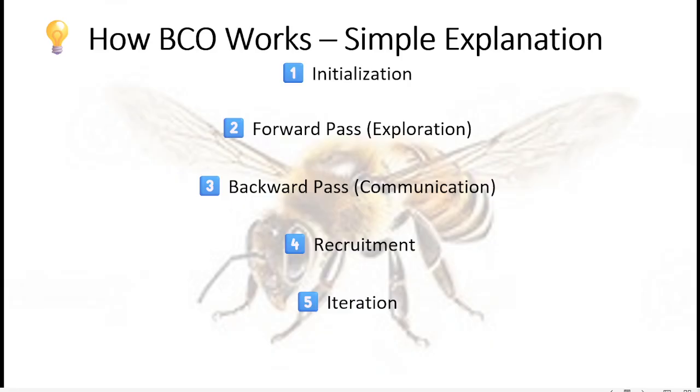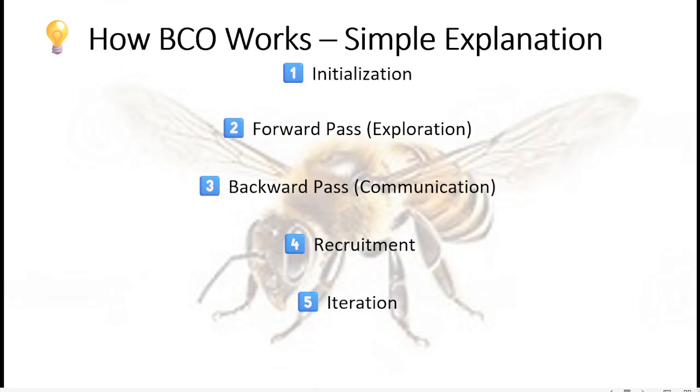Each bee independently explores a new solution by making small changes in its current one. And the backward pass: bees return to the hive and publish their findings. If the solution is good, they perform a dance. Other bees decide whether to follow them or keep exploring.